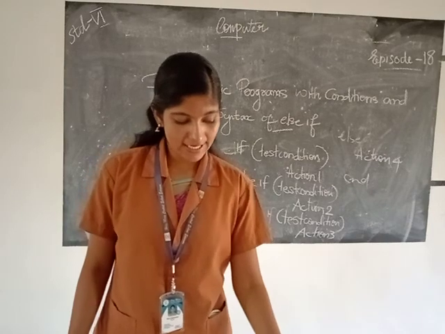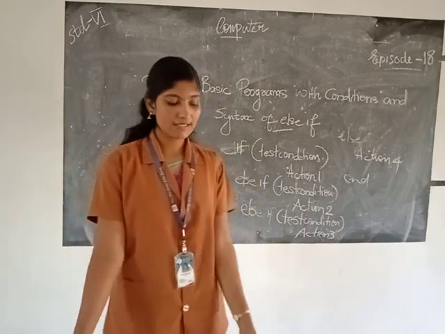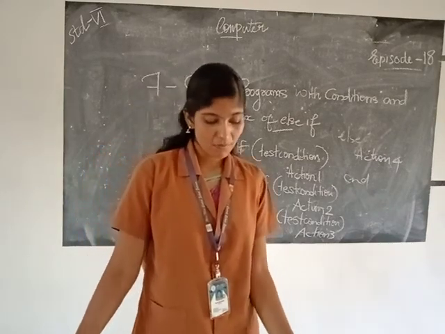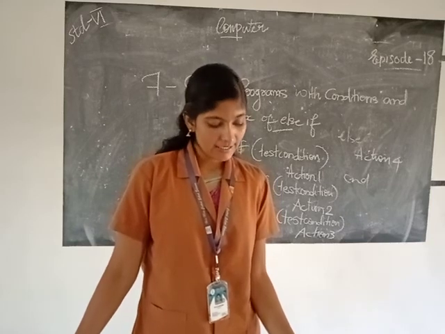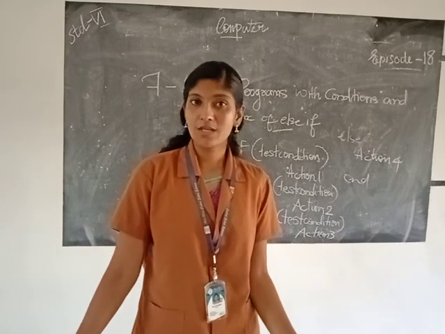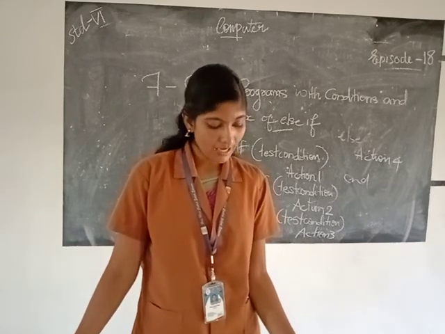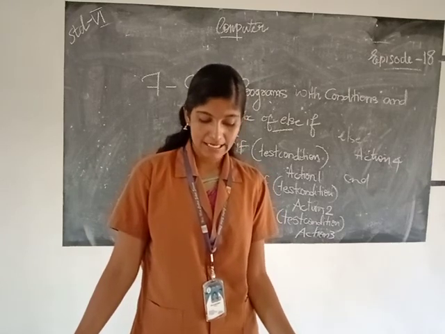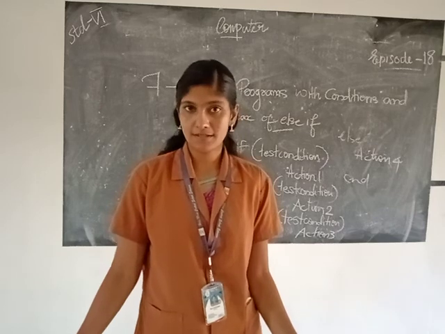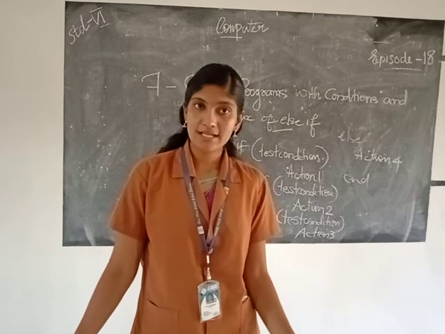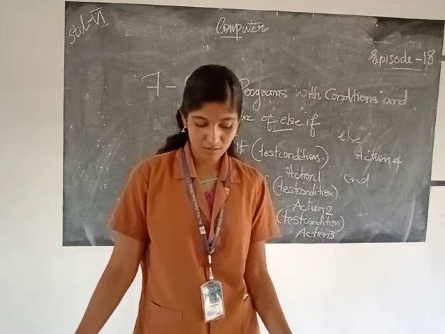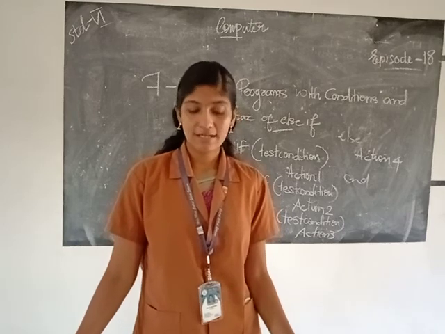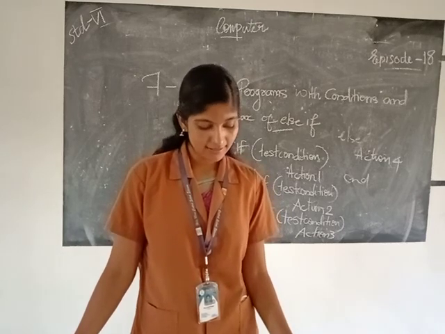So, let's take an example. The question is: write a program to make a user enter numbers between 1 and 3. The messages should be displayed as shown. If you enter number 1, then you press the 1. If you enter number 2, then press the 2. If you enter number 3, then press the 3.